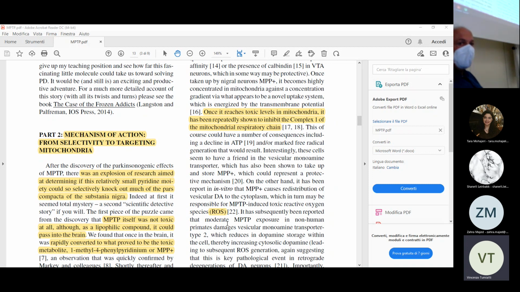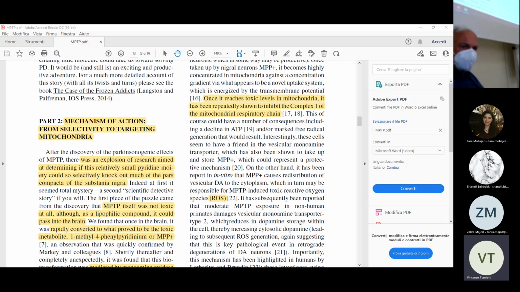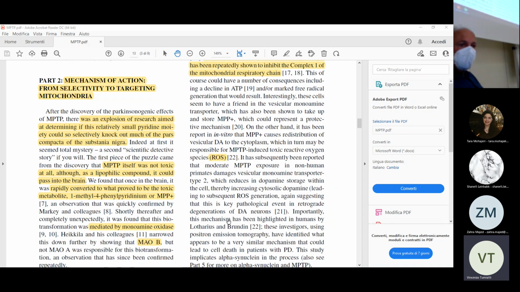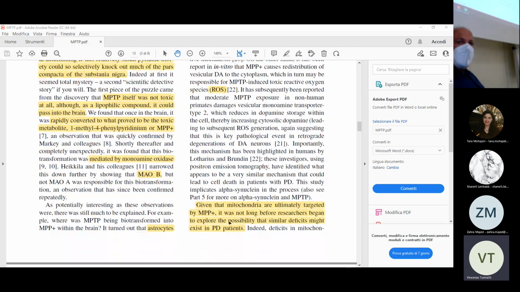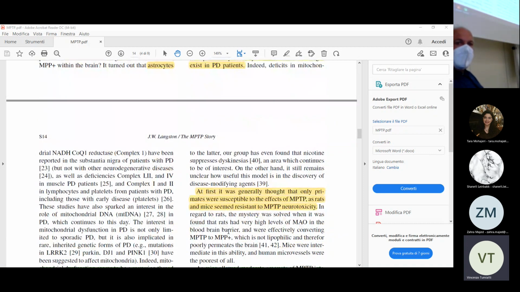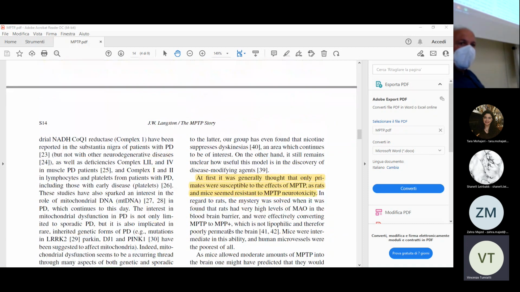Alzheimer's disease is another important disease which involves the neurodegeneration of neurons. So if you want, I can send you this article. It's very, very interesting.